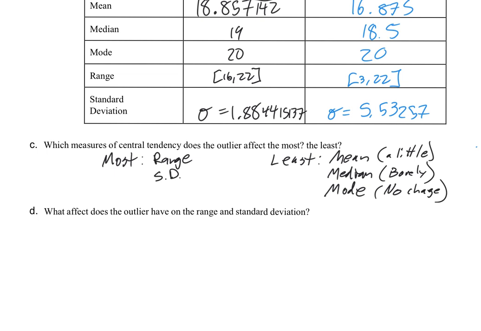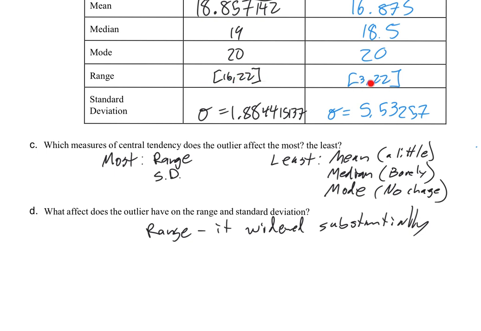And what effect does the outlier have on the range and standard deviation? So let's see. For the range, we would say it widened it substantially. Because if you think about it, we only were going 16 to 22. That's only 6 apart, or maybe you could say 7 apart.